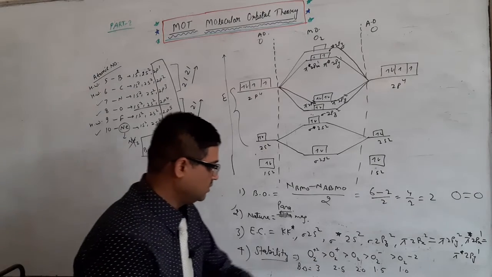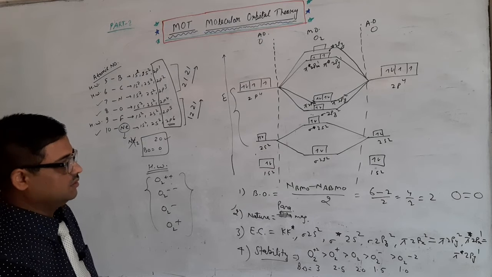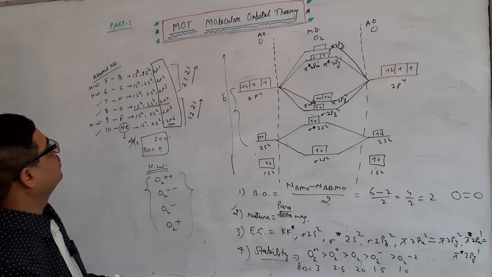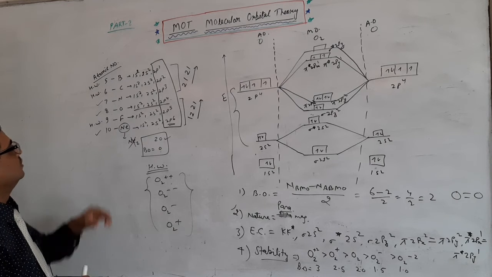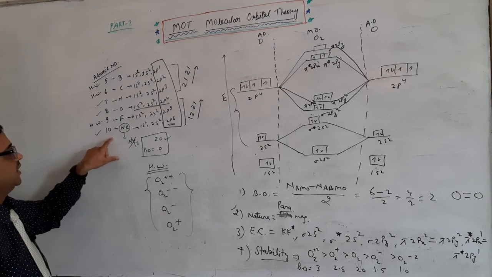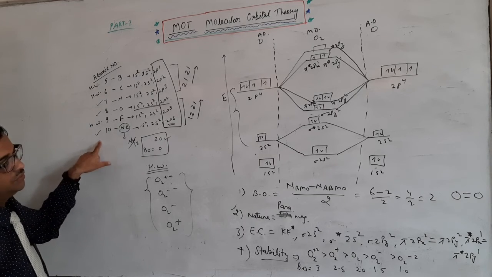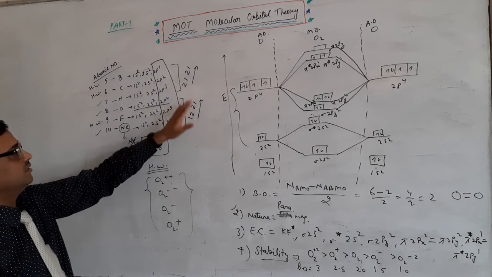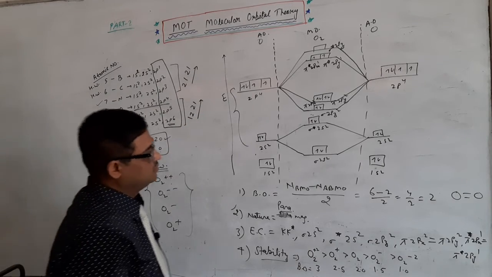So this is all about the stability and bond order of these compounds. Clear? Now up to 10 we have completed. Any two will not exist, and these three are already given to you as homework. You have to follow this technique 2 1 2 1 and 1 2 2 1. Clear? Thank you so much.